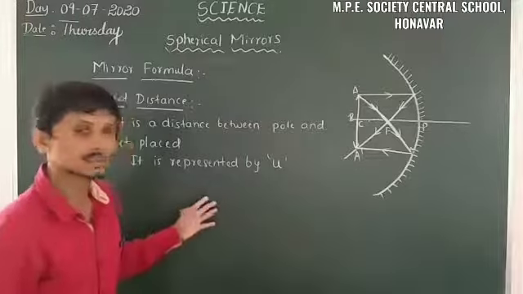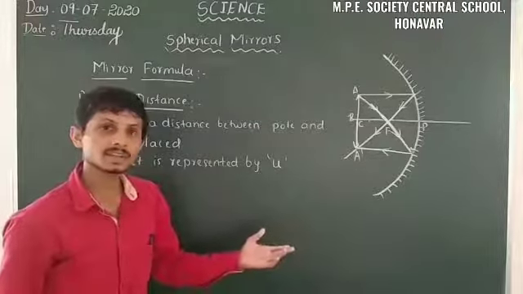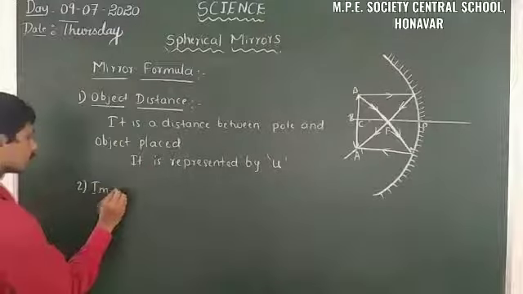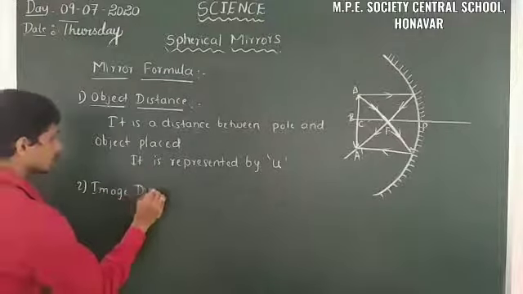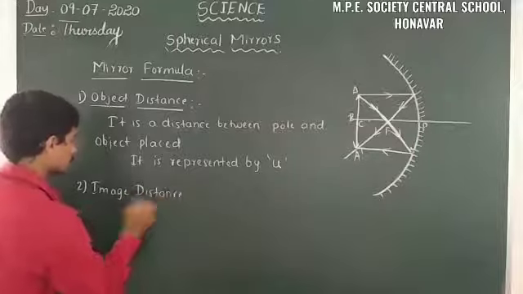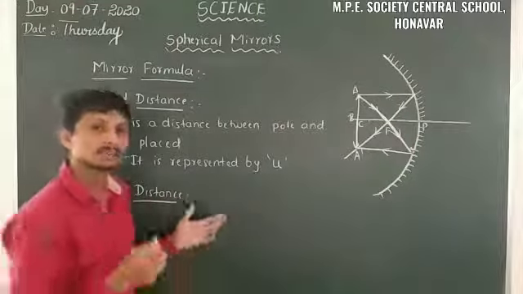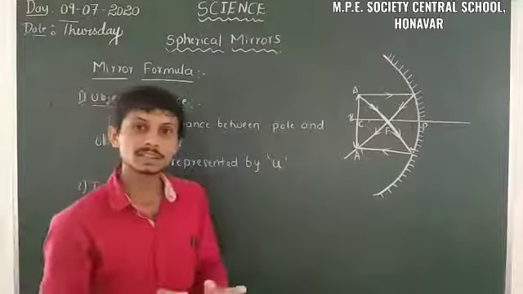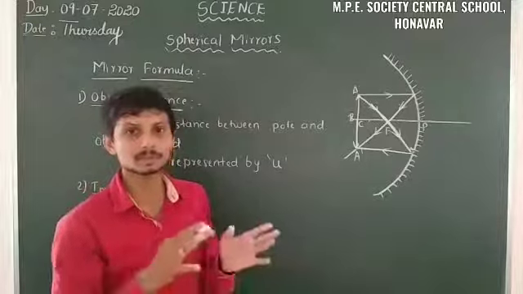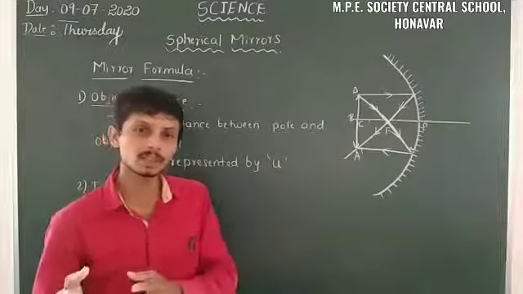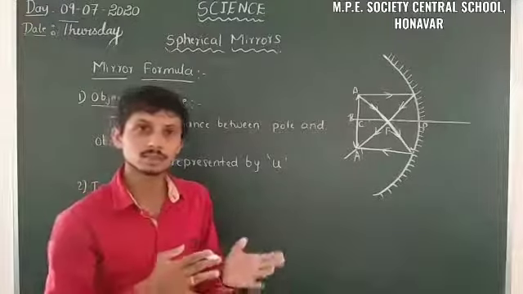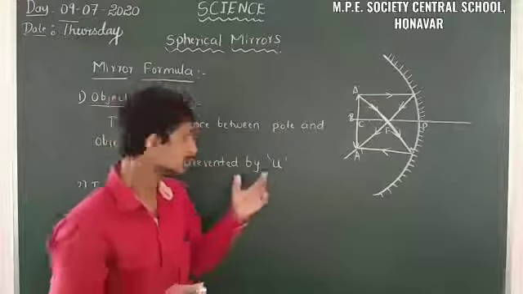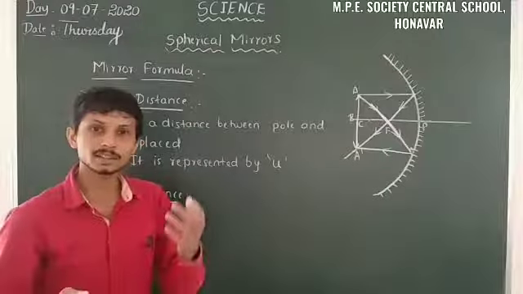Then let us take the next terminology, that is image distance. Likewise, as with object distance, we have to measure the distance between the pole and the image.